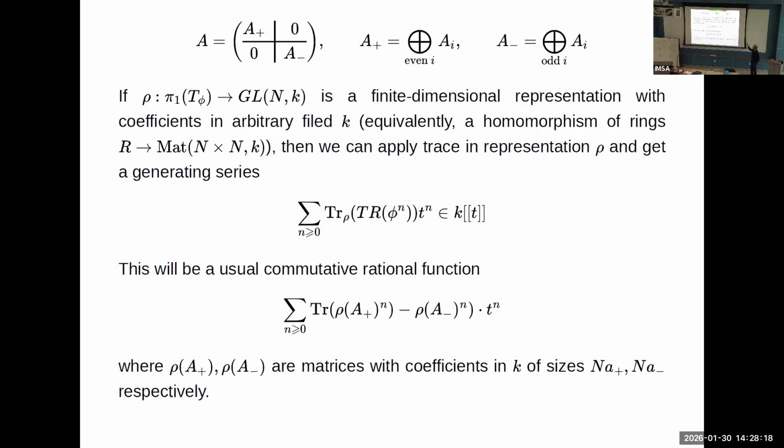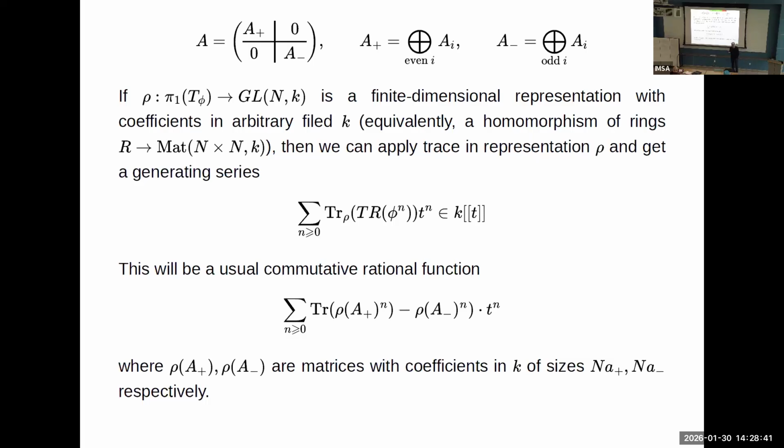Consider any finite dimensional representation of my group to matrices over any field. It could be a positive characteristic field, or the same, a homomorphism to a group of matrices of an algebra of matrices over any field. And then we can apply trace in this representation.